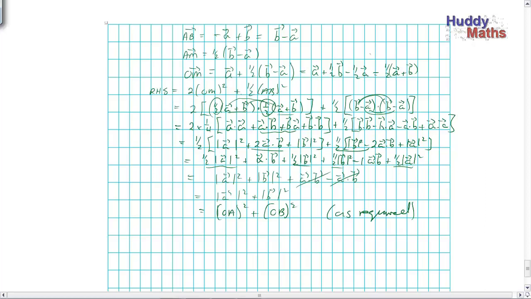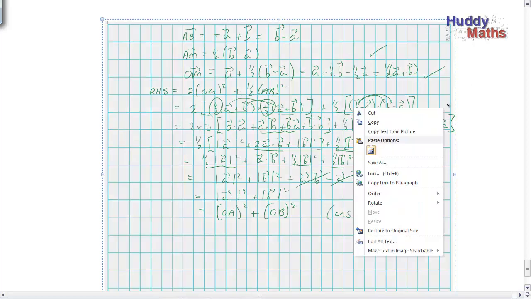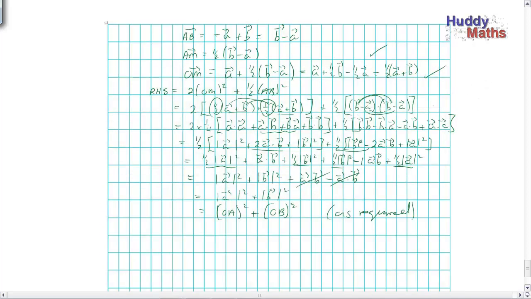I think there's one mark for getting AM and OM in terms of the given vectors A and B. And then one for getting this line before simplifying, and this line before simplifying.